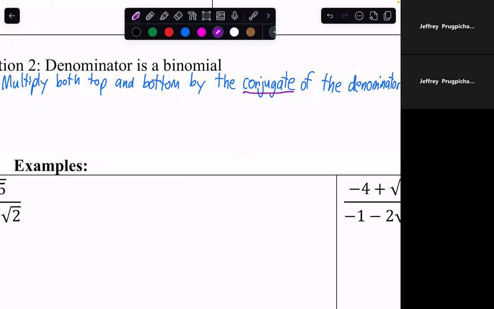So what does the word conjugate mean in a math sense? Some of you have probably heard it in your language class for changing verbs around.